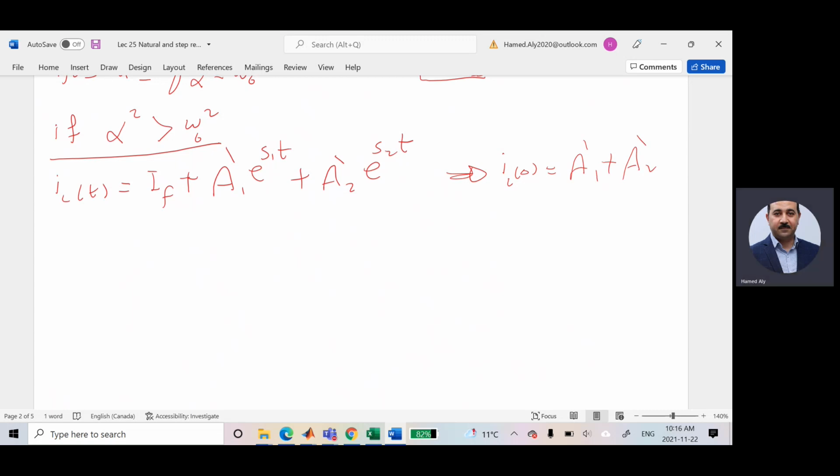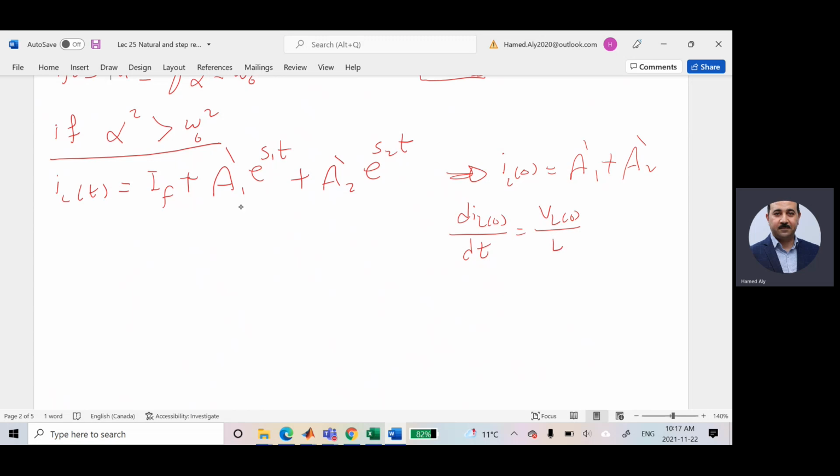And the first derivative, diL of 0 by dt, is equal to A1 prime S1 plus A2 prime S2. So from the initial condition, I can also find diL of 0 by dt, which is equal to vL of 0 divided by L, because v is equal to L di by dt.